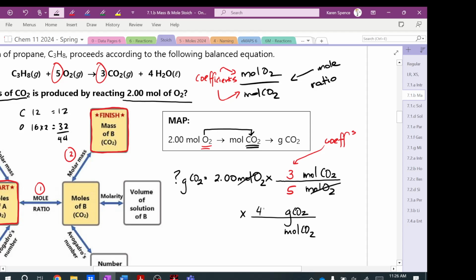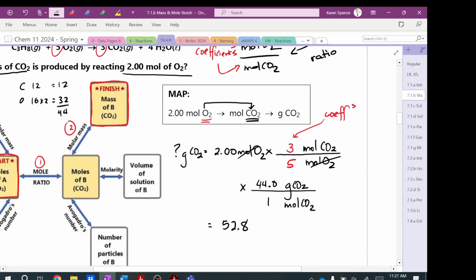So that is 44, don't forget your grams per 1 mole. We do our math on that. 2 times 3 divided by 5 times 44 is 52.8.